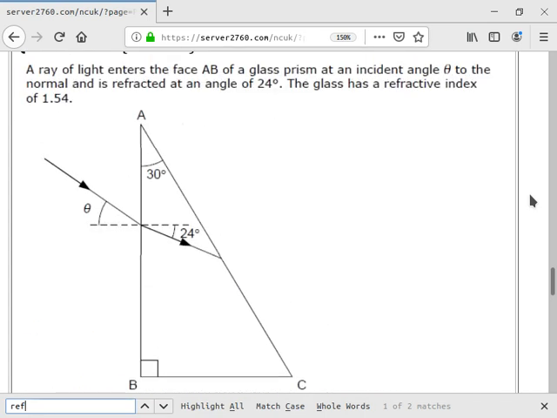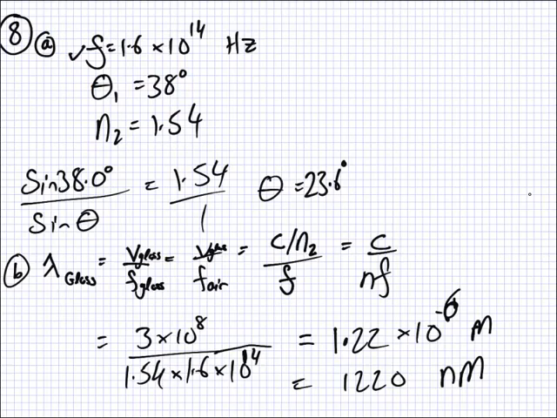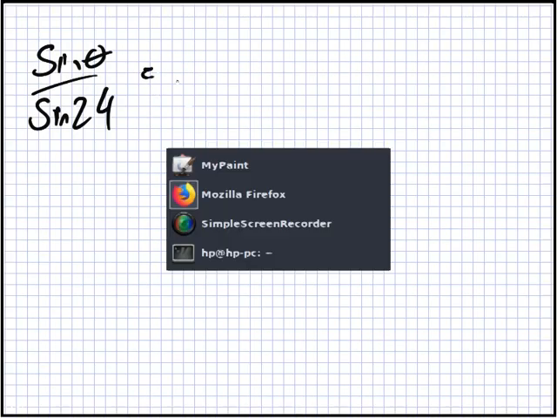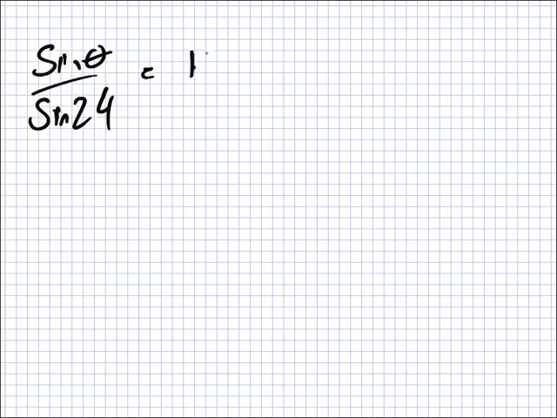So that's just sine theta 1 over sine theta 2, sine 24 over n2 over 1.